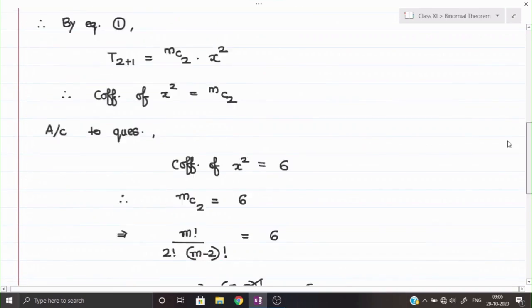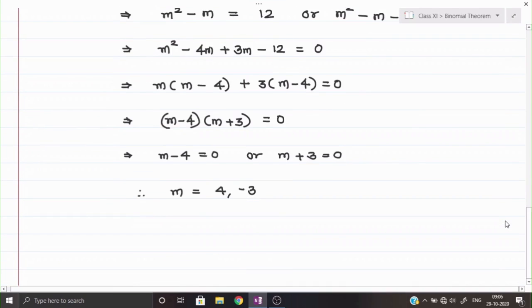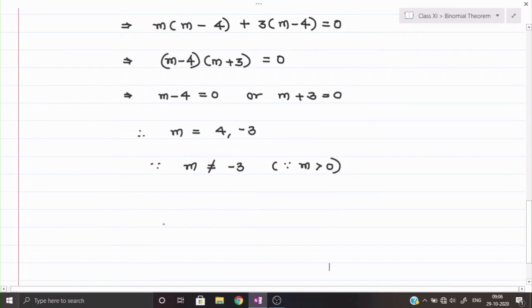So we can say that since m cannot be equal to minus 3, since m is more than 0, as given in the question, finally the value of m is 4. This is our required answer. And this completes question number 12.